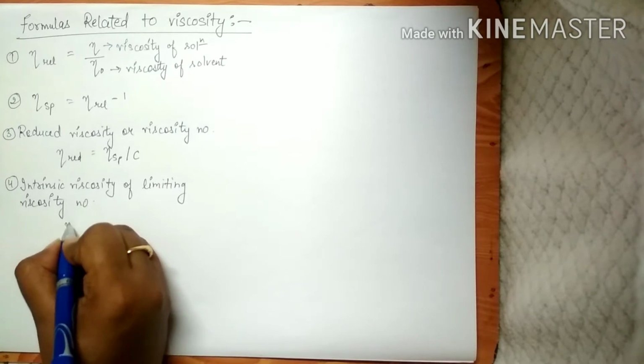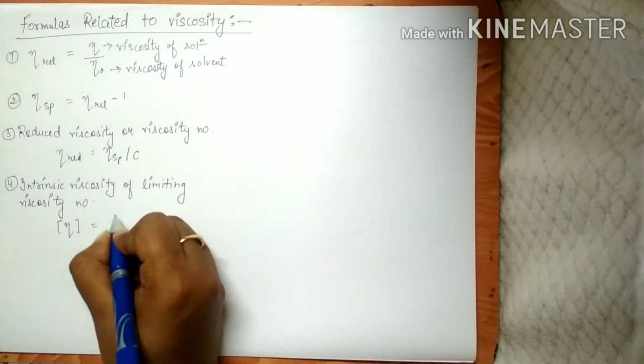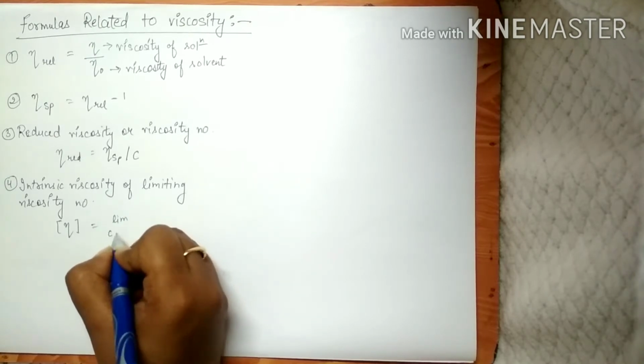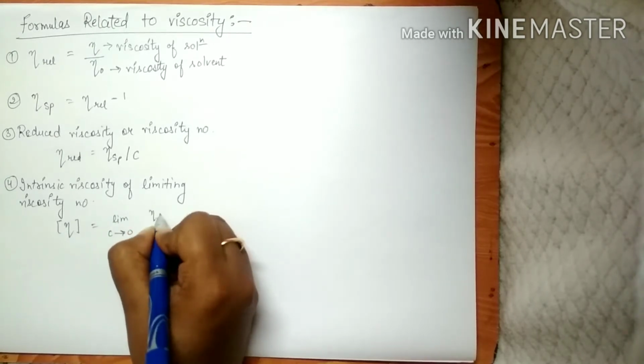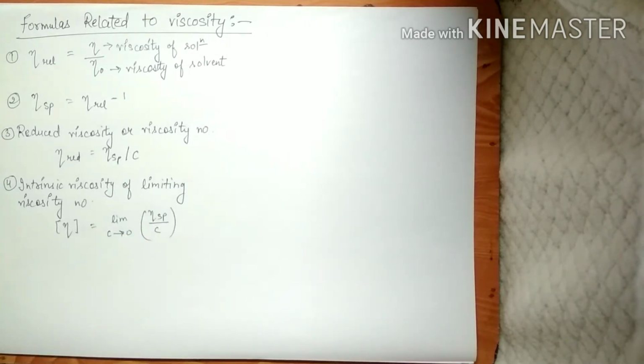Okay, it is represented by this. The formula is limit concentration C tends to 0 of eta specific upon C. Okay, this is the formula for your limiting viscosity number.